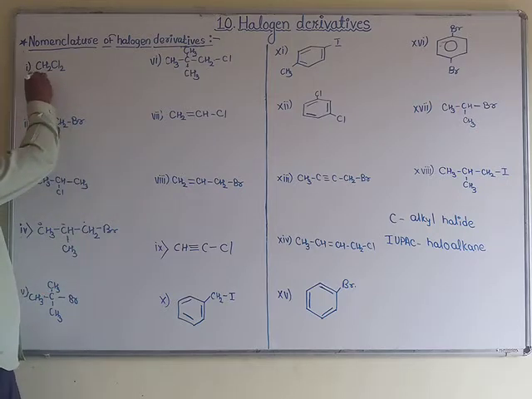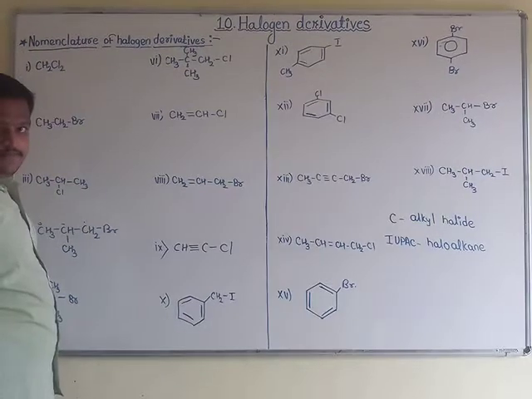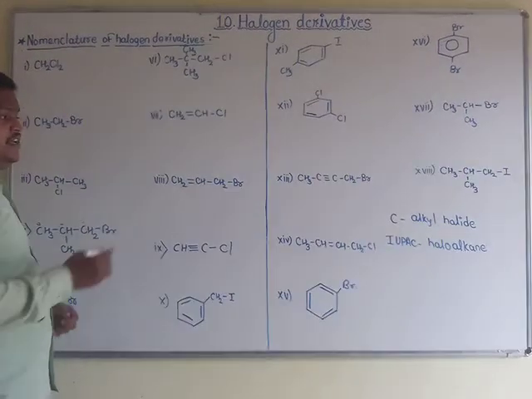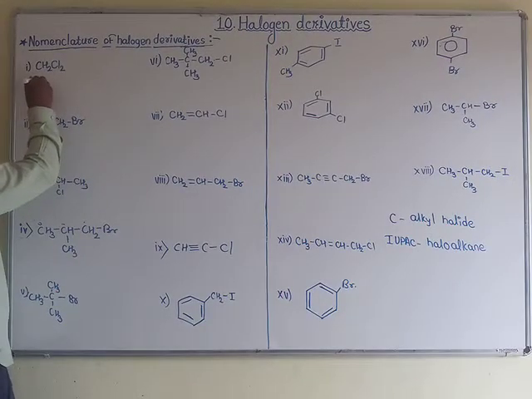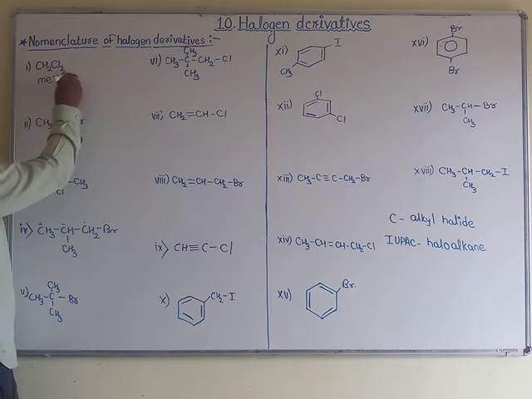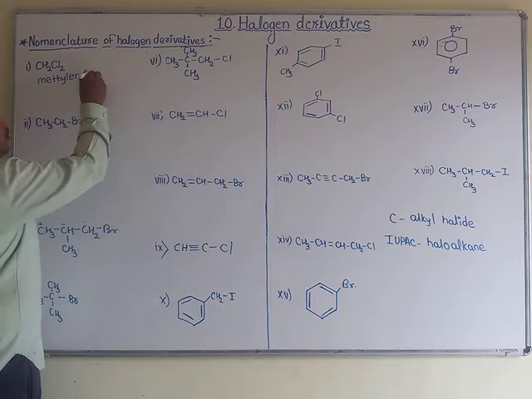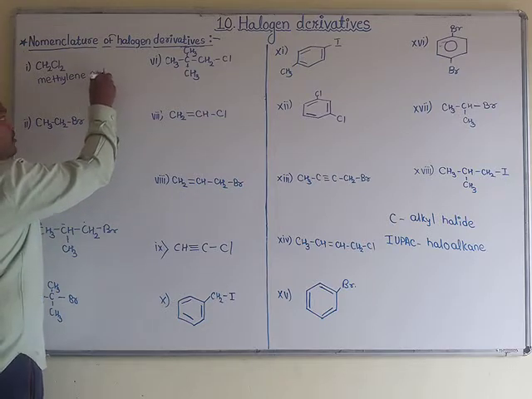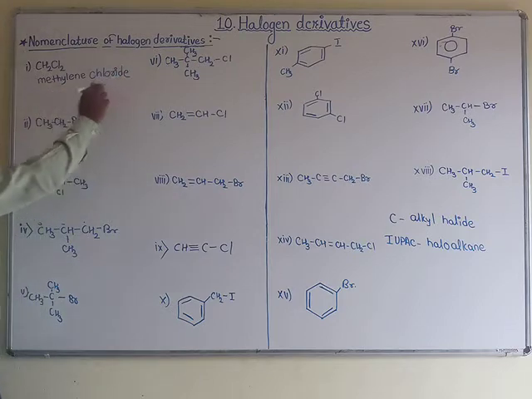In this compound, CH2Cl2, two halogen atoms are present and one carbon is present. Therefore, for one carbon, the alkyl name is methylene, and the halogen is chlorine. Therefore, the name of this compound is methylene chloride.